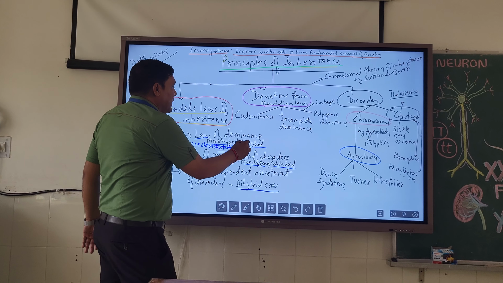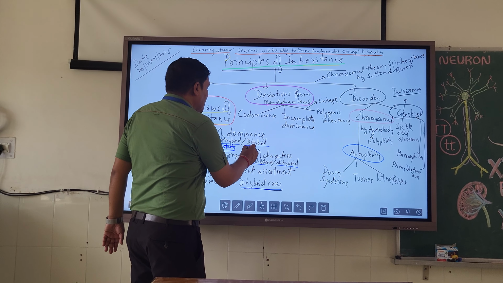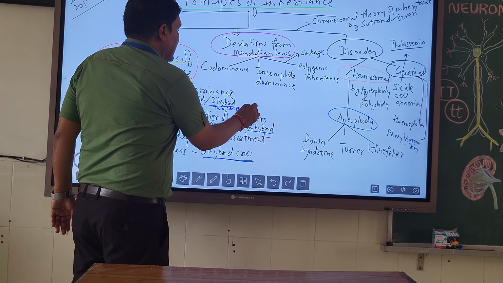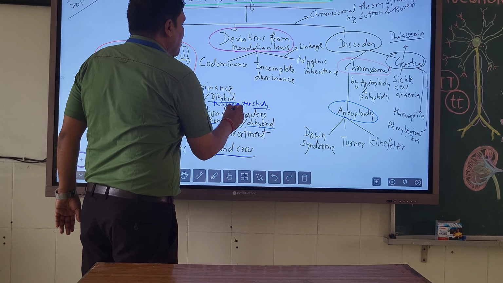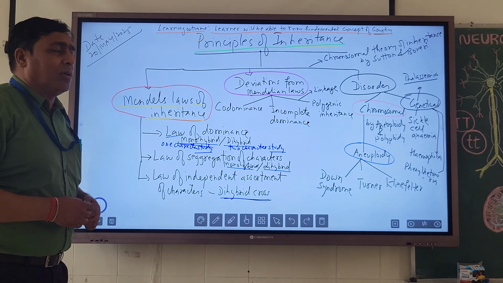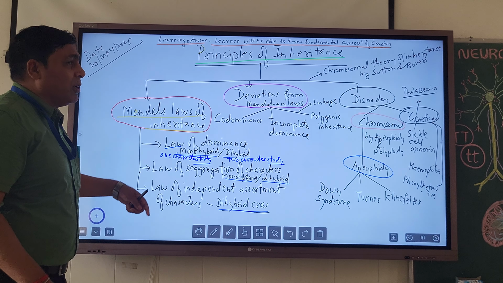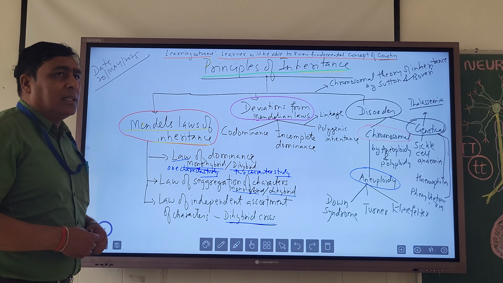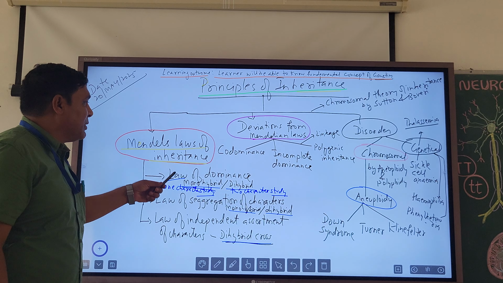Now what is the meaning of dihybrid? It is two character study. So now we have two things here. One is a monohybrid cross and the other is a dihybrid cross. By this only, Mendel was able to study the laws of inheritance, and he gave them.